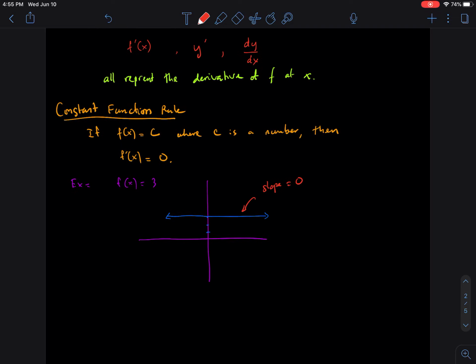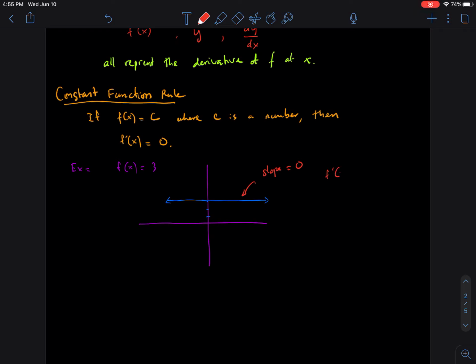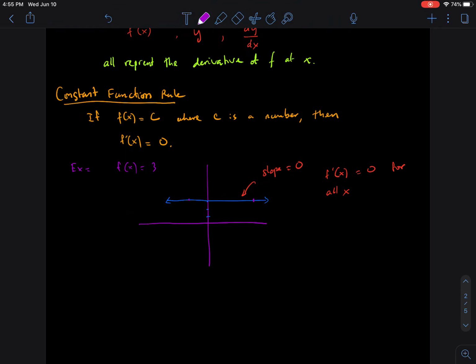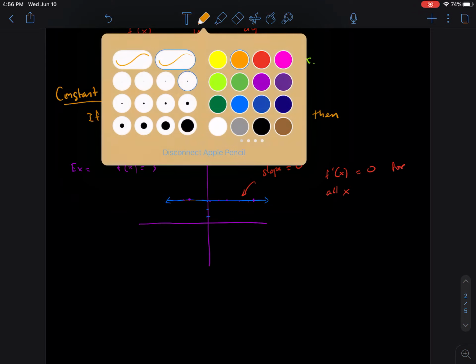So the derivative f prime of x equals 0 for all x, meaning at any point on this line, the steepness or the slope at that position on the line is going to be 0. So the derivative of any constant is going to be 0. Okay, so that's going to be the first rule. This is probably the easiest one to remember.